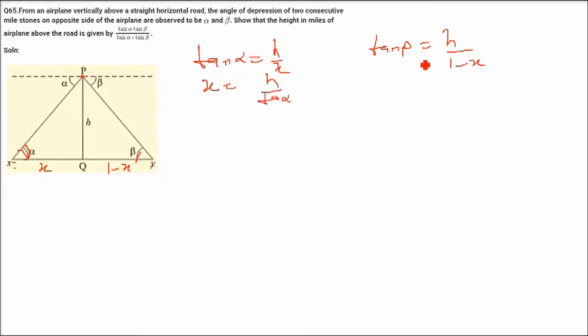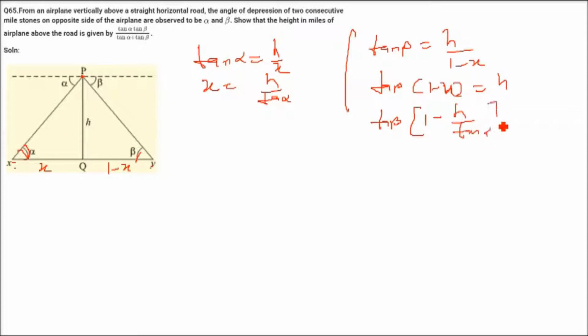Here I can write tan beta into 1 minus x equal to h. In place of x, I am putting h by tan alpha. So this will be tan beta into 1 minus h by tan alpha equal to h. This will be tan beta minus h tan beta by tan alpha equal to h.